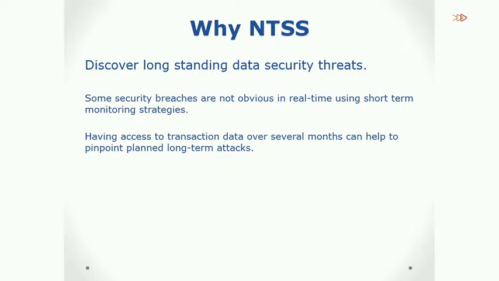And long-standing threats. We all know that sometimes something happens, but it happens slowly, like somebody is trying something once a day, twice a day to log in somewhere or to do something, and those analyzers usually don't trigger at those slow attacks, slow attempts to do something with your network. And of course, to use NTSS for that, you have to have a suspicion that somebody is trying to do something.